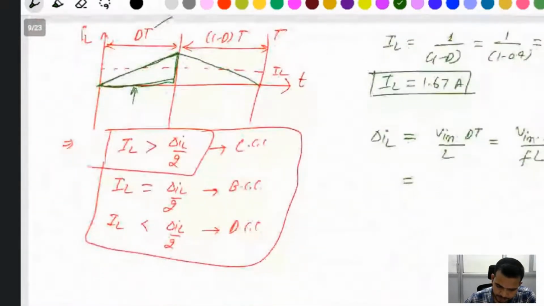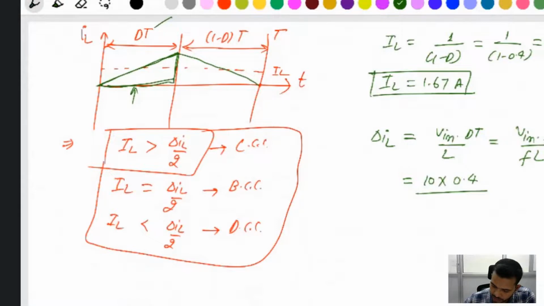Find delta IL. V in is given 10 volt, D is 0.4, and switching frequency 100 kilohertz.